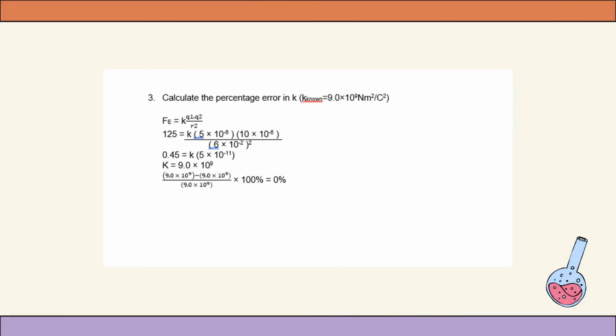The last question is, calculate the percentage error in K. So we use the Coulomb's law formula and we substitute the value into the formula, and we also get 0%.